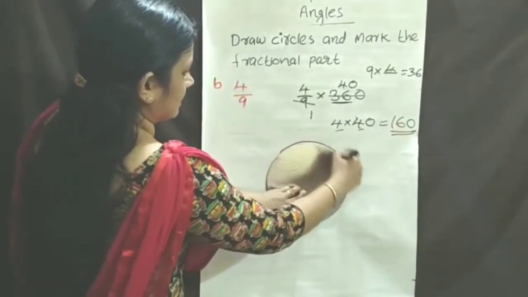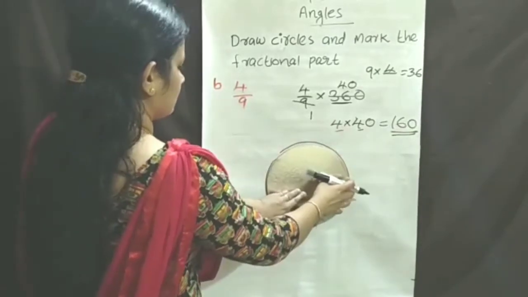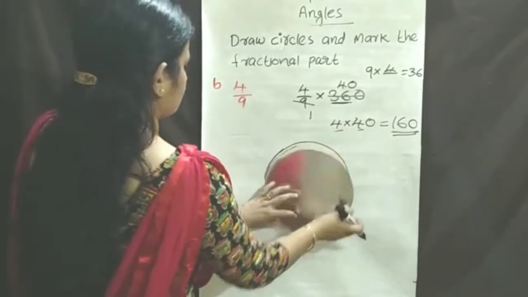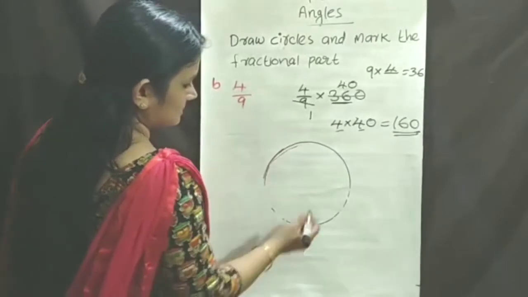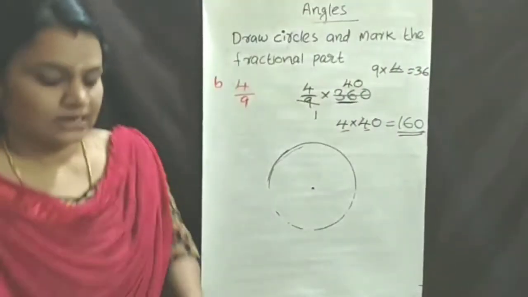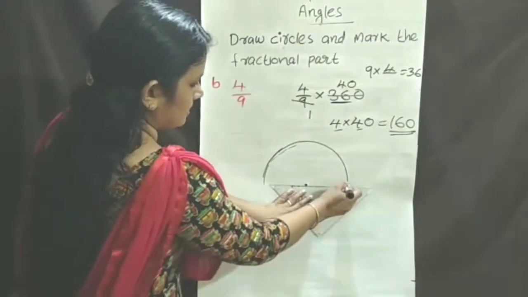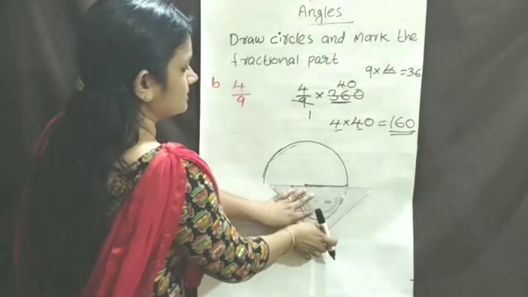Then you draw the circle. Draw the circle like this. Mark the center. First take your protractor and straight edge. You draw the line like this.